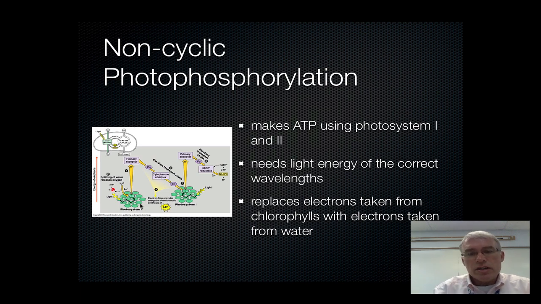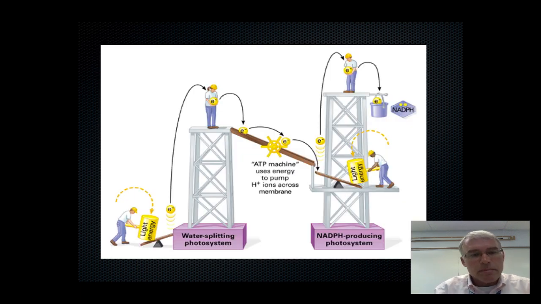It needs light energy of the correct wavelengths for this to happen, and it replaces electrons taken from the chlorophylls with electrons from water. Here's a demonstration of the exact same process using little guys and hammers instead of light. So the light energy is represented by the swing of this mallet, which bumps an electron up.